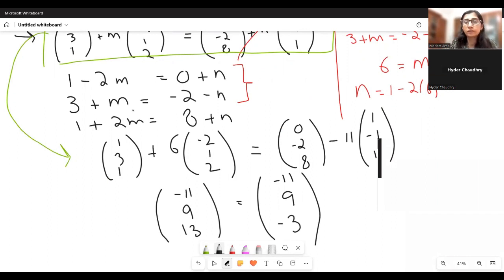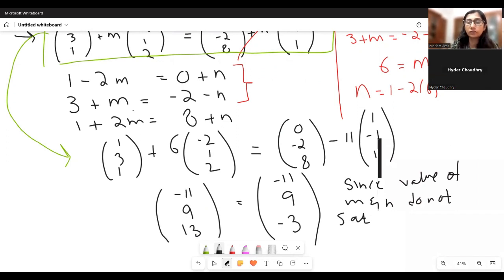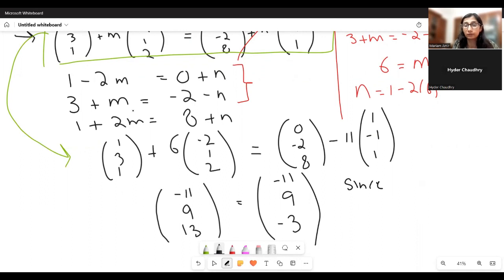So since the values of m and n do not satisfy all three coordinates, or since all three coordinates are not equal, hence the lines are not intersecting but skew.